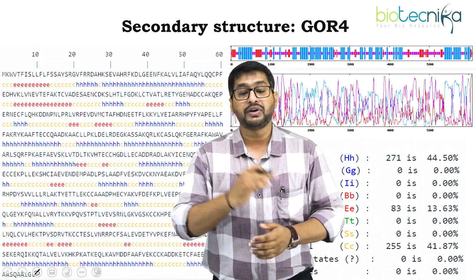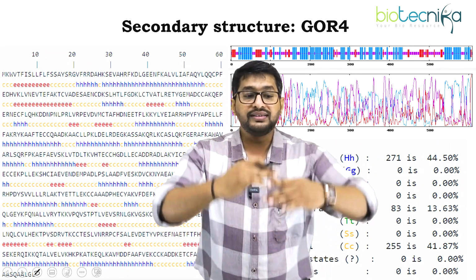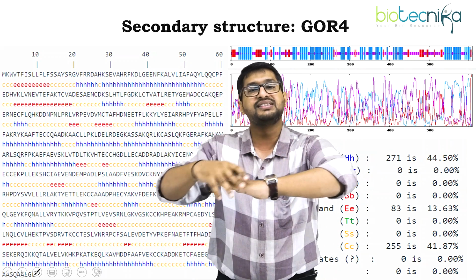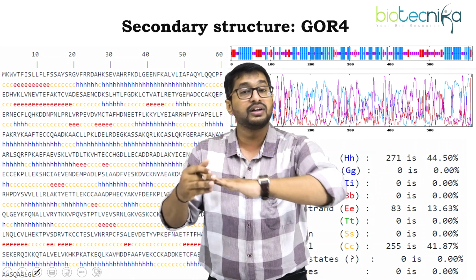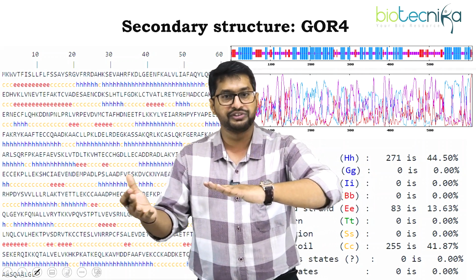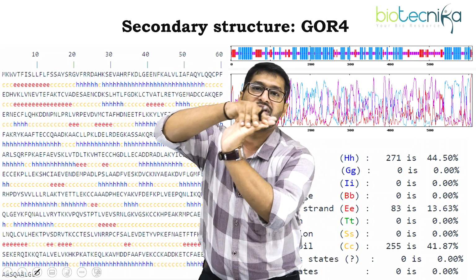Now, the next important component is this: until now I looked into the primary sequence, and this primary sequence is linear. No protein will stay in its primary structure because of stability issues, so this protein will undergo folding.